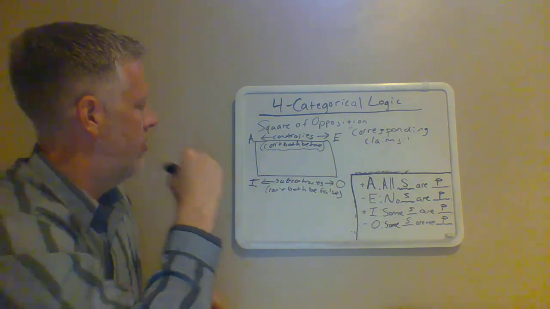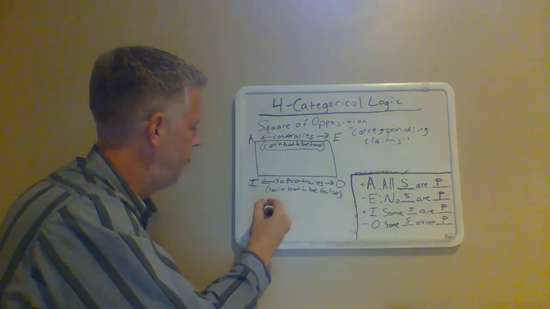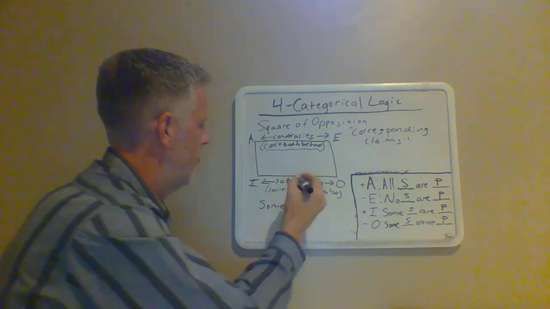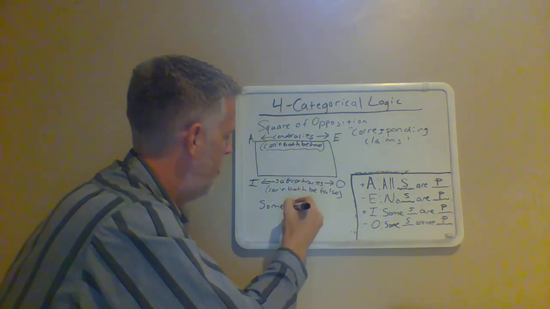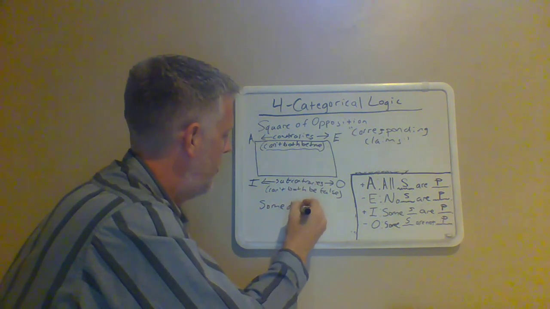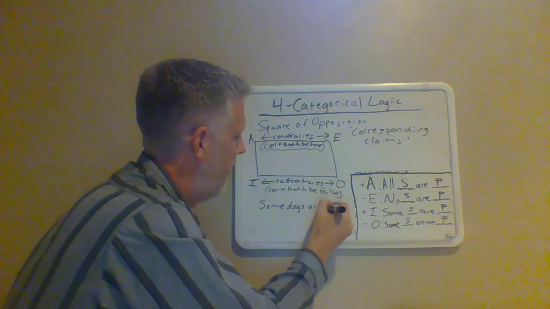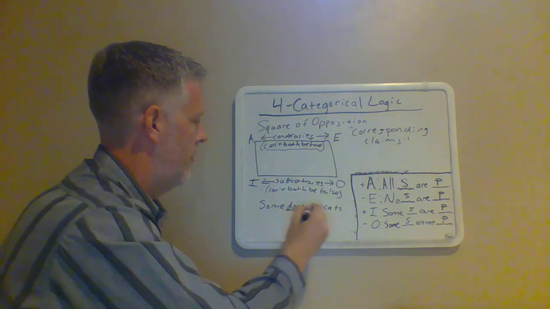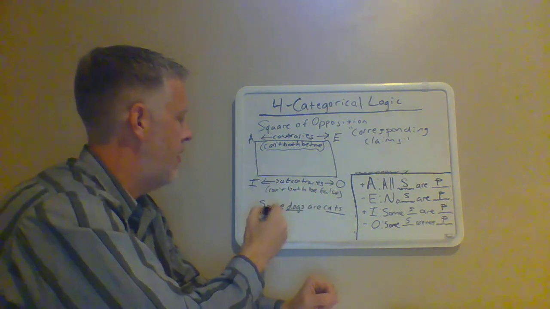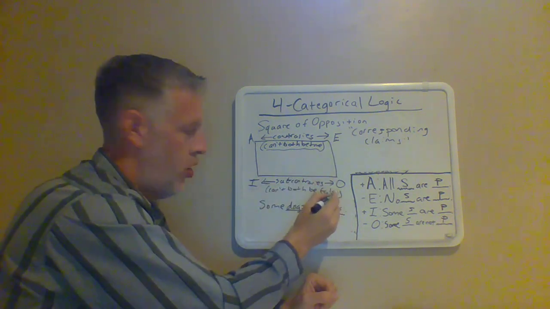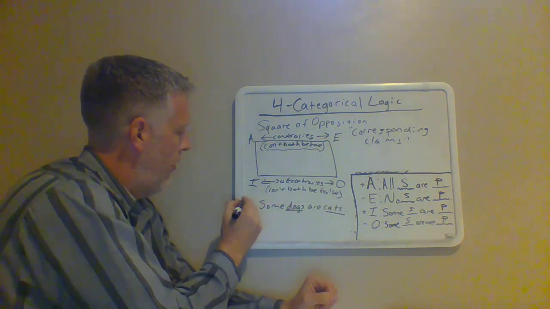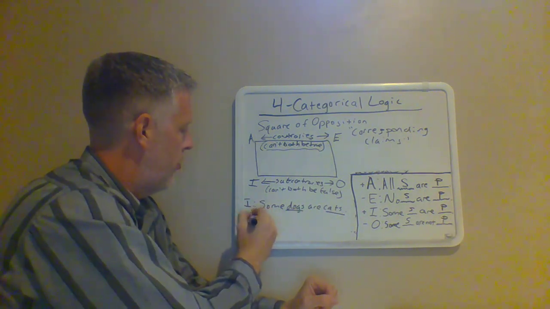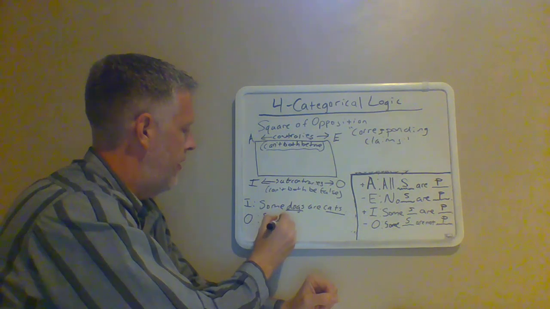So if we know, for example, that some dogs are cats is false, then what would the corresponding O claim look like? That's an I claim. It'd be something like this.